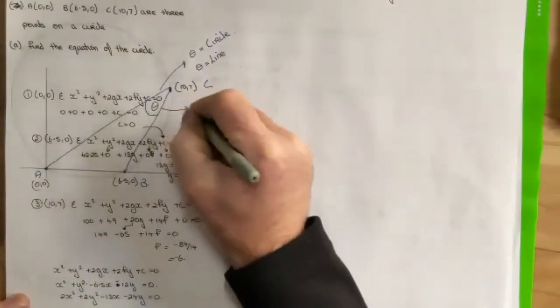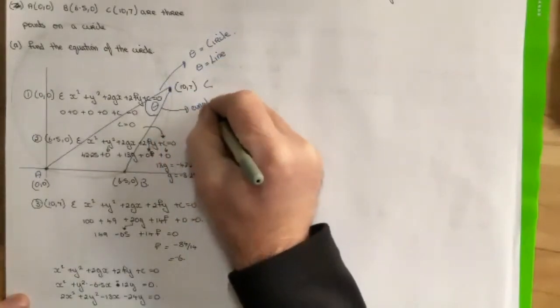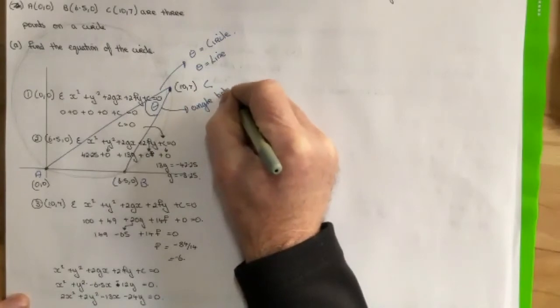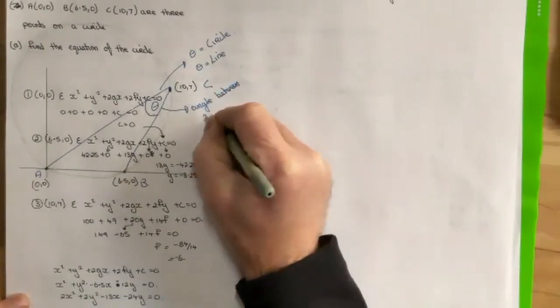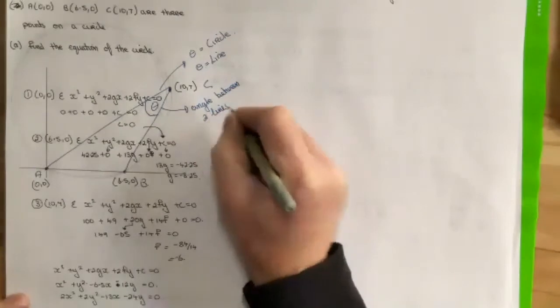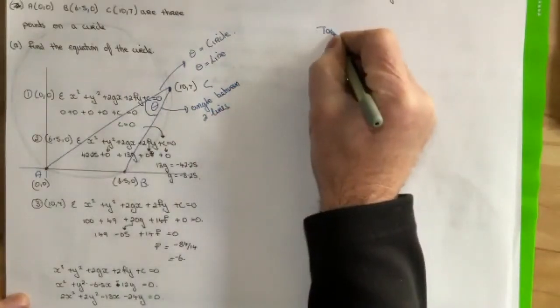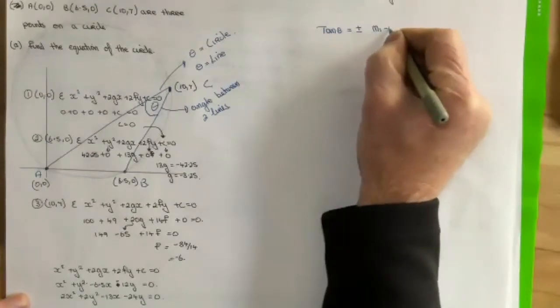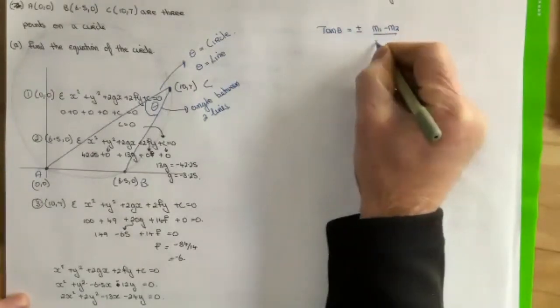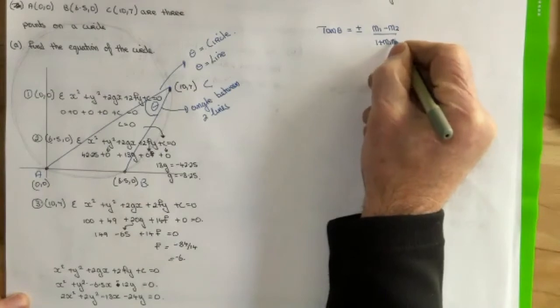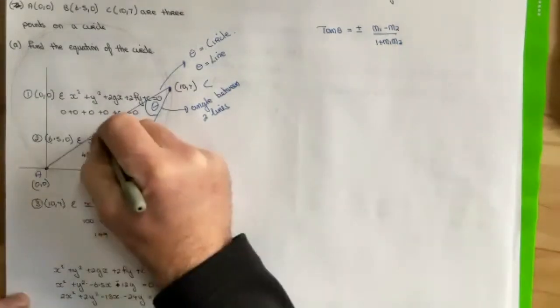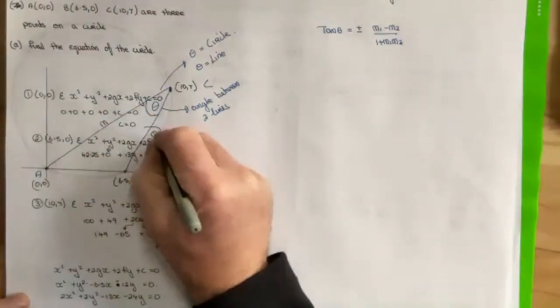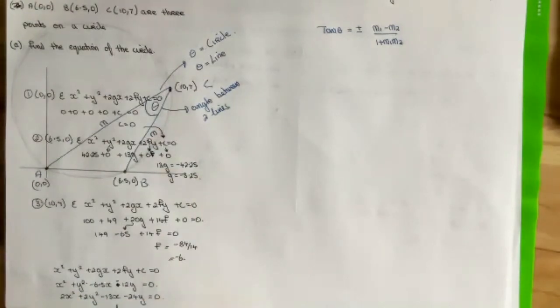That angle there, theta, is the angle between two straight lines. And that formula is tan theta is equal to plus or minus m1 minus m2 all over 1 plus m1 m2. But you need to find that slope and that slope. This could also be done by trigonometry, but it would be harder that way.